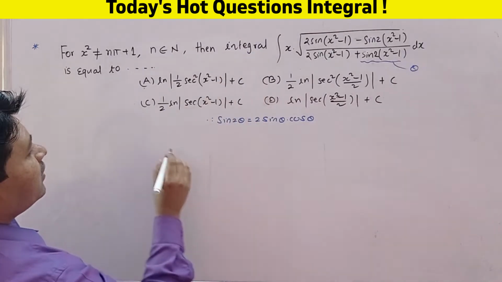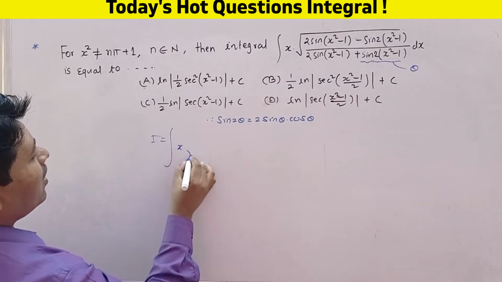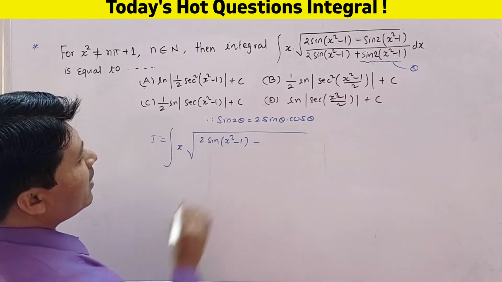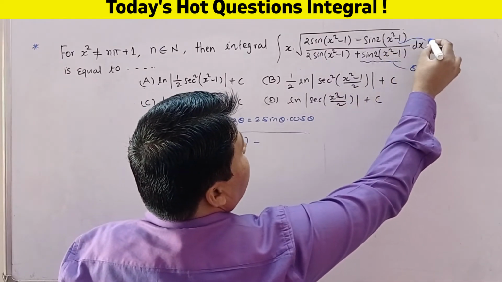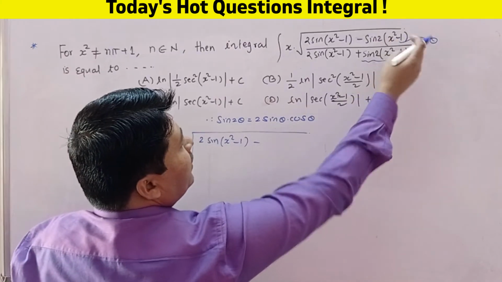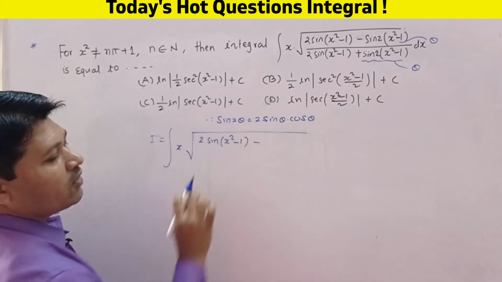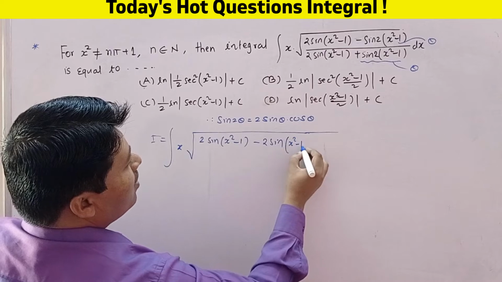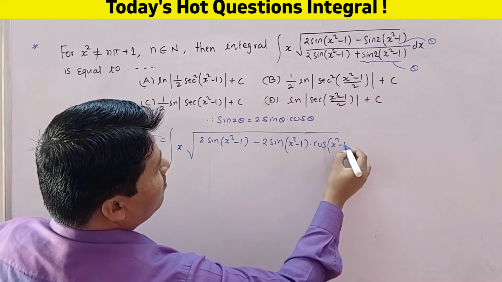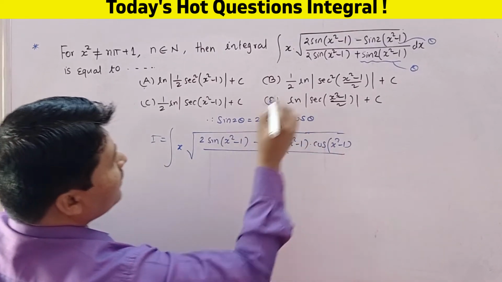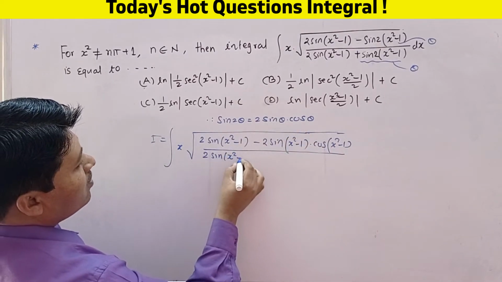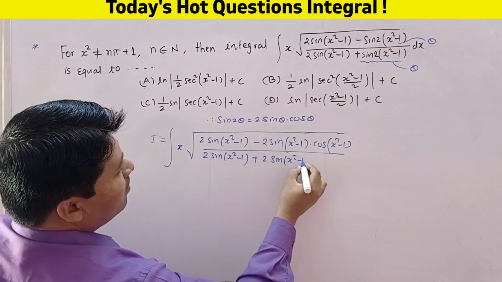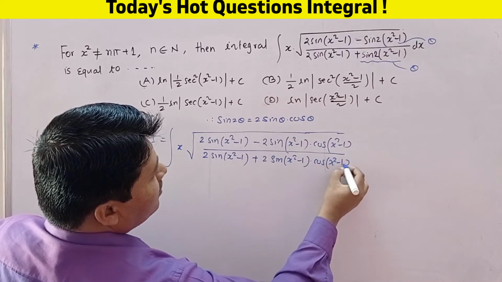So the integration I becomes x under root of 2 sin(x squared minus 1) minus, treating x squared minus 1 as theta, sin 2 theta equals 2 sin theta cos theta, that is 2 sin(x squared minus 1) cos(x squared minus 1), divided by 2 sin(x squared minus 1) plus sin(x squared minus 1) cos(x squared minus 1), dx.